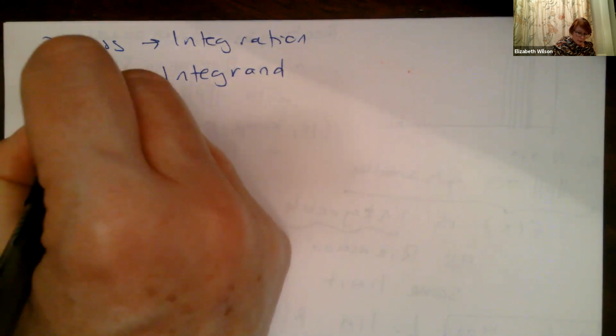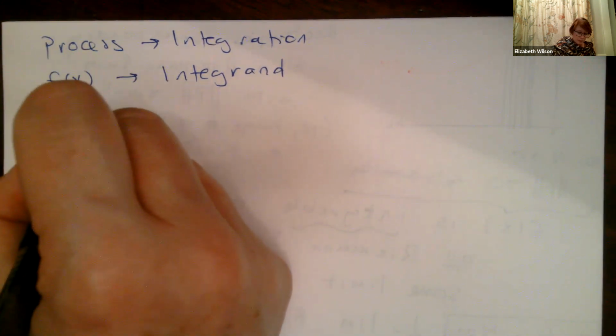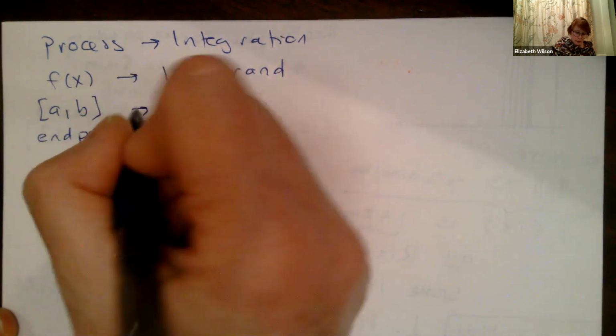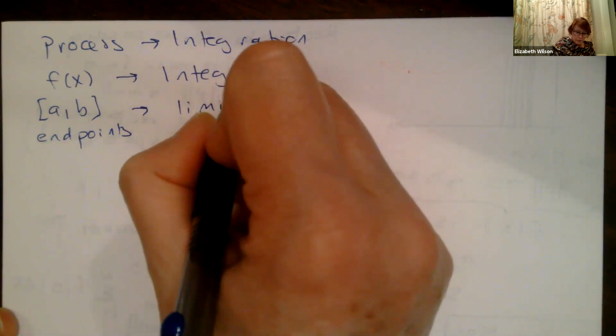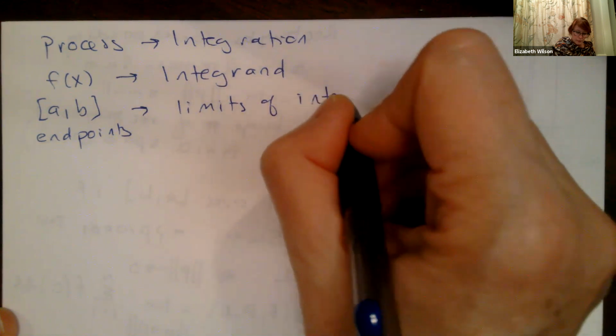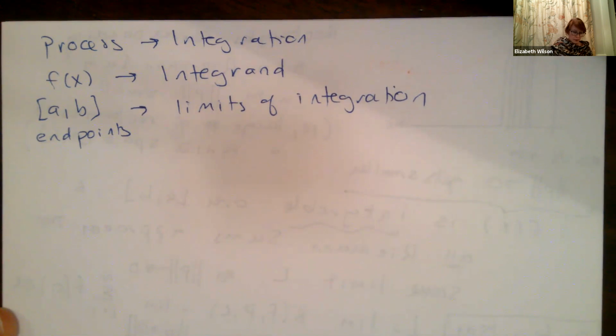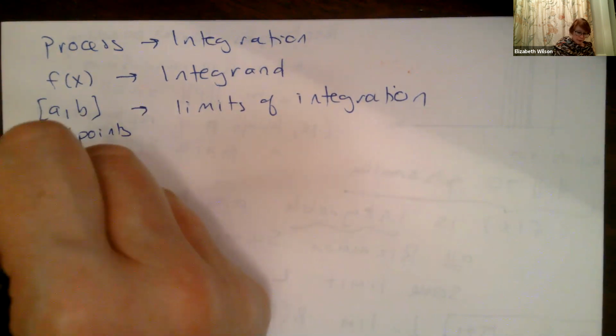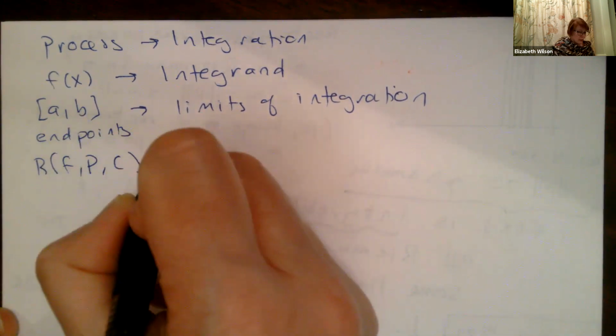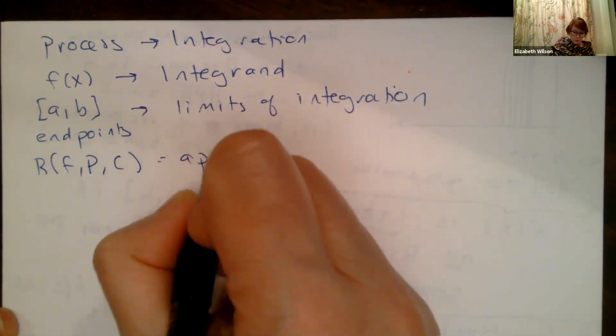A and B, these endpoints here, are the limits of integration.